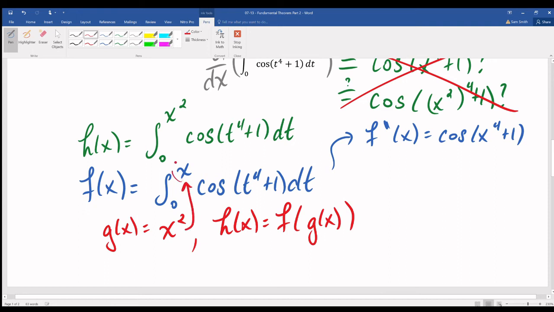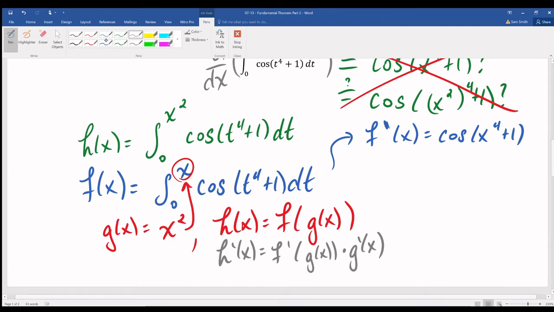If you put x squared in x's position in the function f of x, you will obtain our function h of x. What this means is that we can find the derivative of h of x by using the chain rule, f prime of g of x times g prime of x.